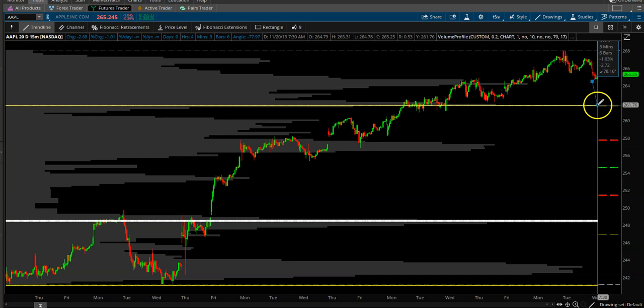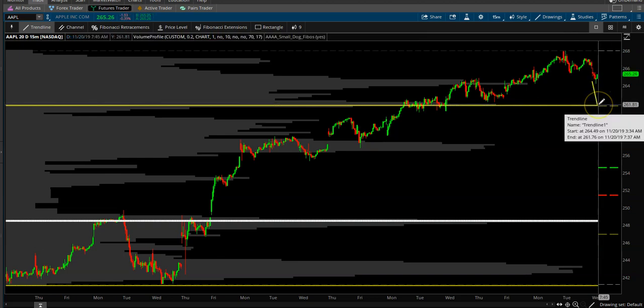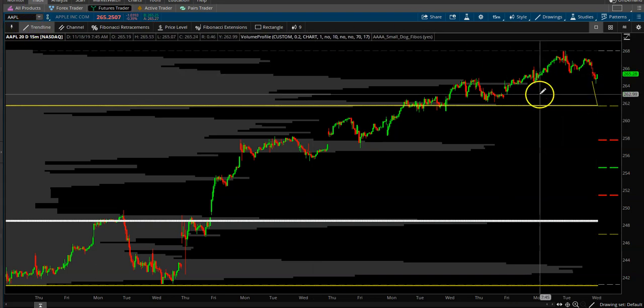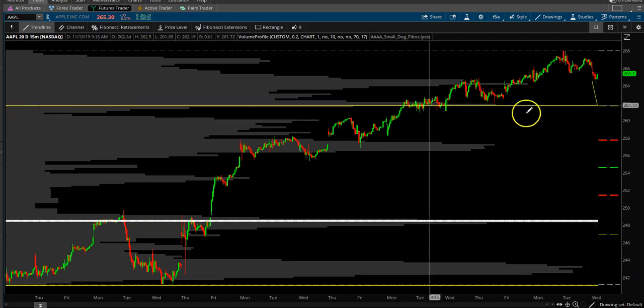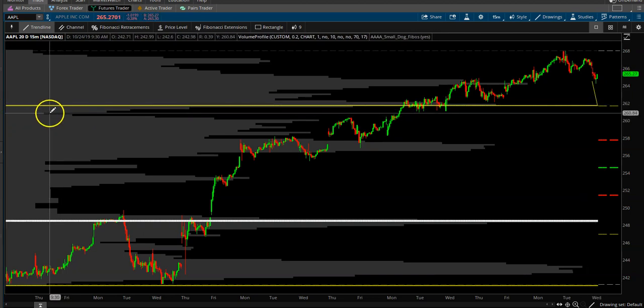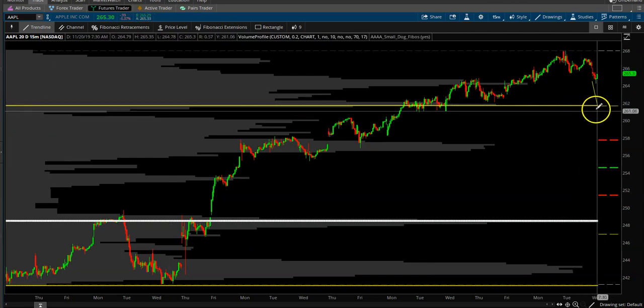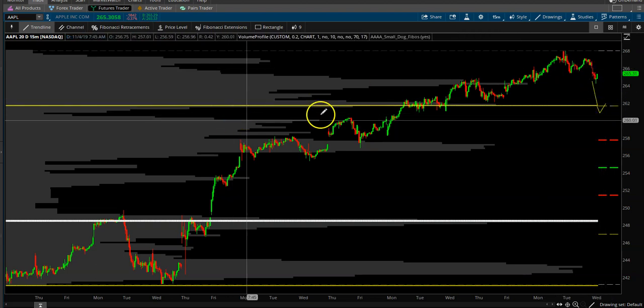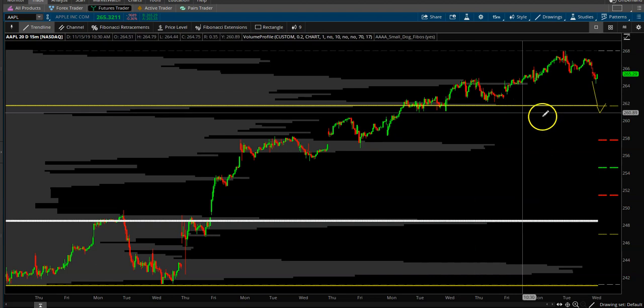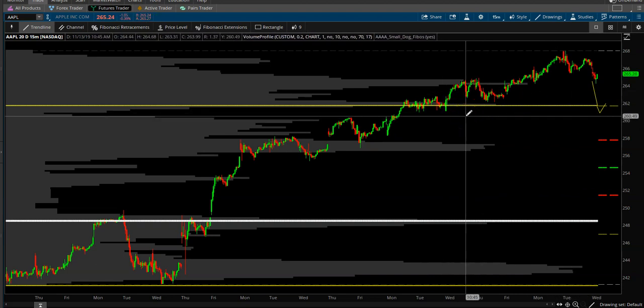So if price falls, I'd be looking to potentially get long around these levels on Apple. And maybe if it kept going, this little low volume node will actually bounce, and then go back up and start to churn around here potentially.